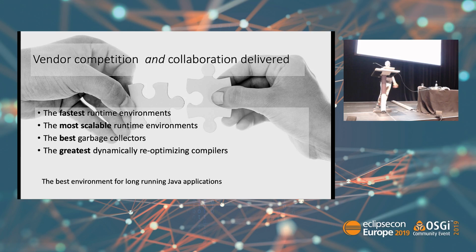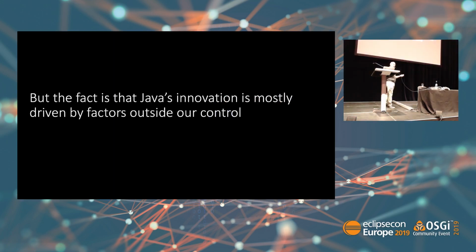Right? We have the best garbage collectors. We have, within the JIT, the best recompilation technologies, reoptimization technologies. We have invested in this industry many, many, many millions of dollars in making this reality. It is the best place. The challenge is, though, that the innovation that drives us isn't something that tends to just magically happen.